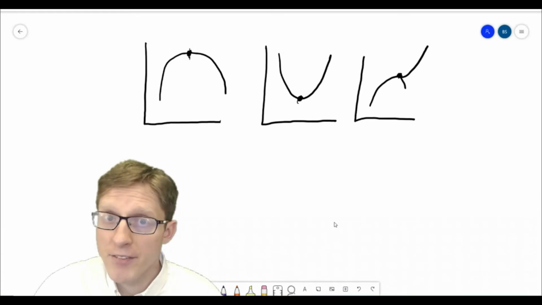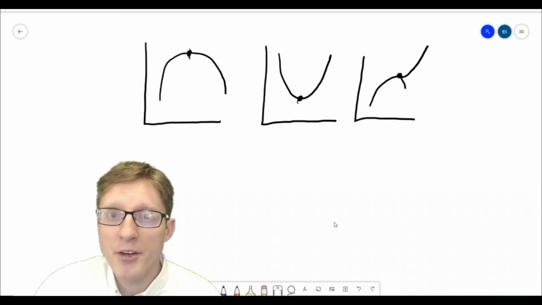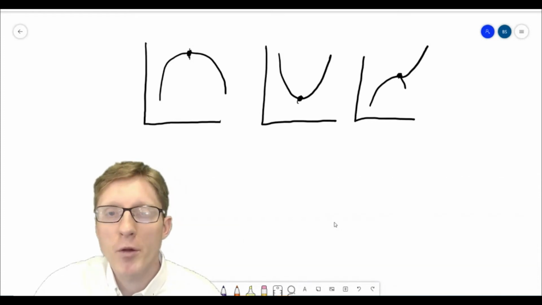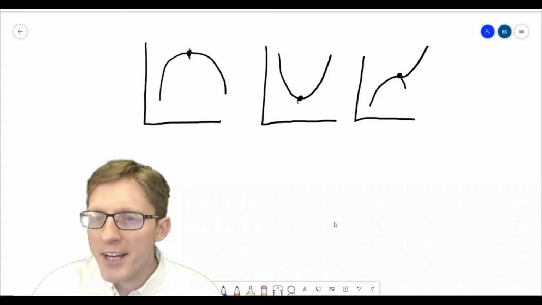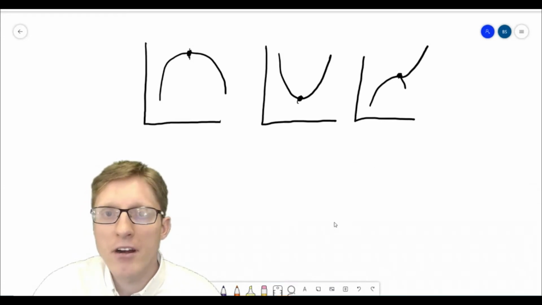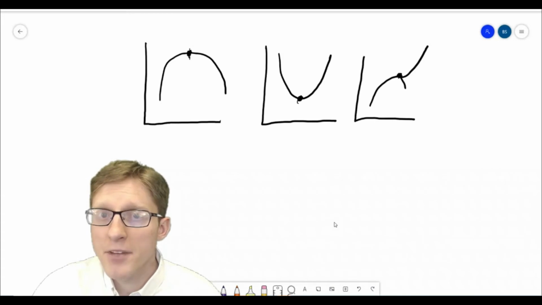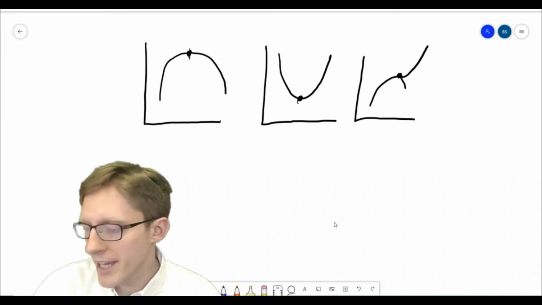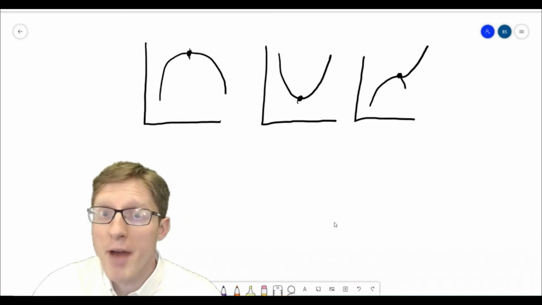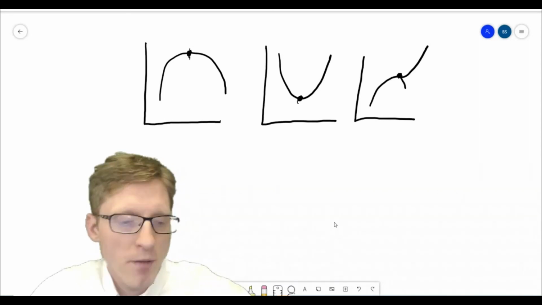If the second derivative is positive for any value of x, then we have a function which is globally convex, and the point where the slope is 0 is the minimum of that function. And finally, if the second derivative is sometimes positive, sometimes negative, depending on the value of x, then our candidate solution might be an inflection point, which is neither a maximum nor a minimum of that function.